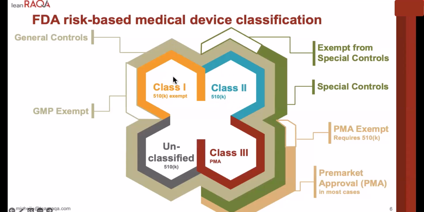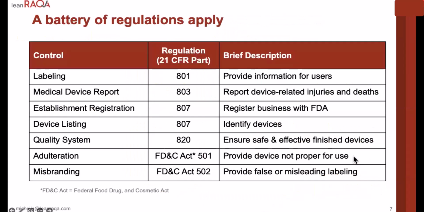In general, class 1 controls are 510K exempt, but not all. Class 2 products require a 510K. Class 3 products require what's called a pre-market approval or PMA. And then there are the unclassified products. The bulk of those require 510Ks.